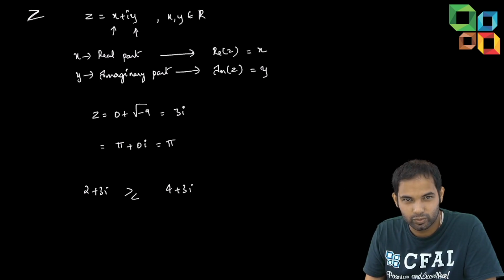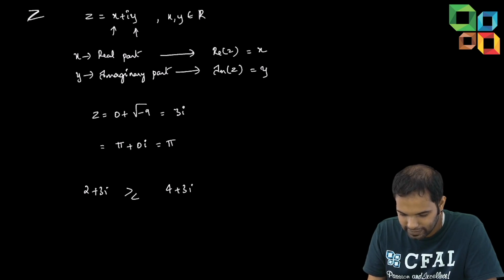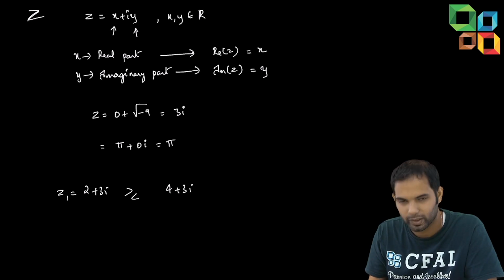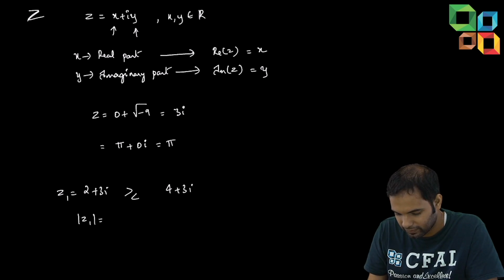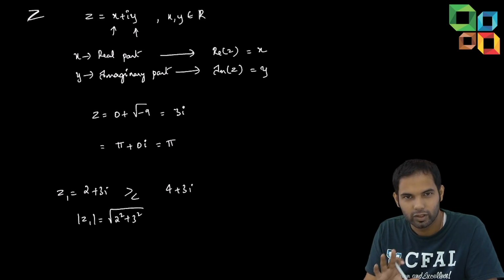We have another notation to find the value of the complex number, or in better words, the magnitude of a complex number. For example, if I name this Z1, I can find the magnitude of Z1 by finding the square root of 2 square plus 3 square. We'll come to that.